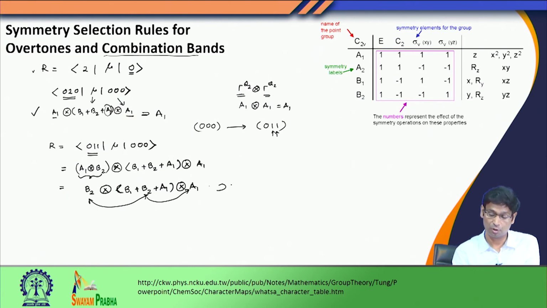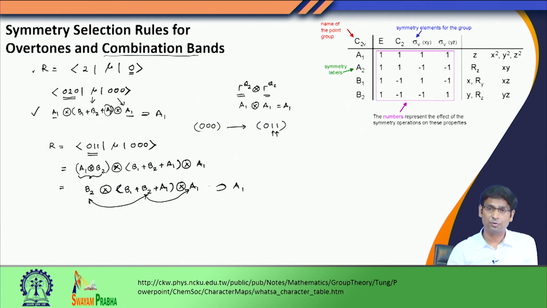So, therefore, this also contains a totally symmetric representation. So, this is an allowed transition and it will be the Y polarized light that will induce this transition. This way we can see whether a fundamental band is allowed or an overtone is allowed or even whether a combination band is allowed.